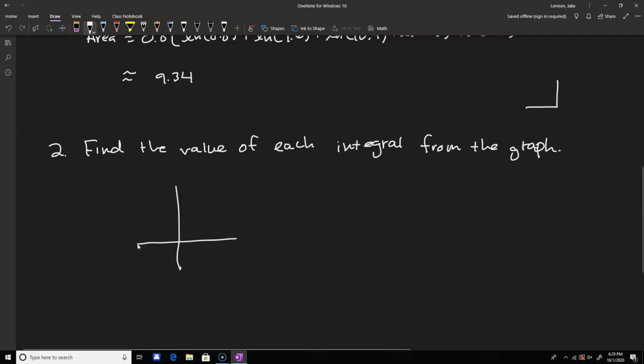So let's say we have a graph where we have some parts, and okay, maybe this has area 5, this has area of say 2, and this has an area of 4, and maybe this is point A, this is point B, this is point C, and this is point D. So we'll just go through a handful of these.